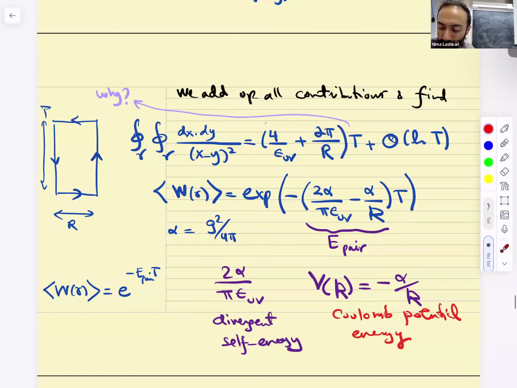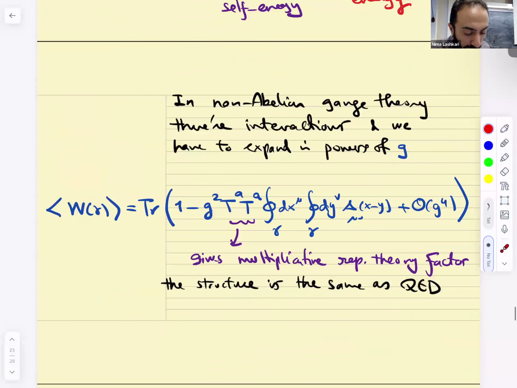All right. So this was the Gaussian theory, the simple theory, QED. In non-abelian gauge theory, there are interactions and we have to expand in powers of g. The theory is no longer free, it's interacting, but it doesn't matter. You could expand the exponential.